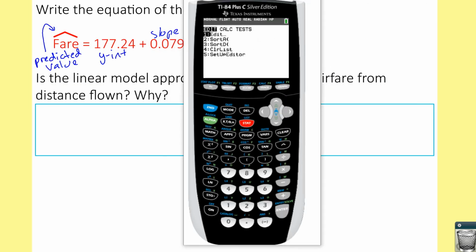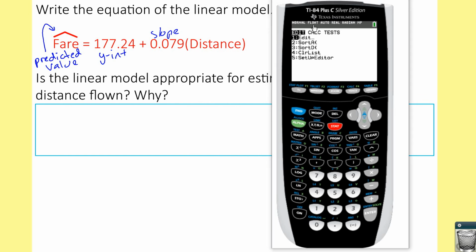So if we were to graph it, to get your line on your graph, go back to Stat Calc, Linear Regression number 8, list 1, list 2, and let's also store this equation as our first line.